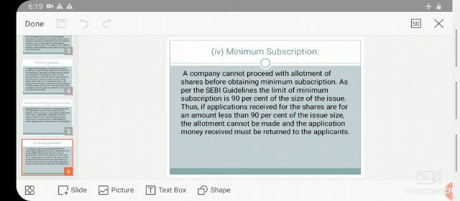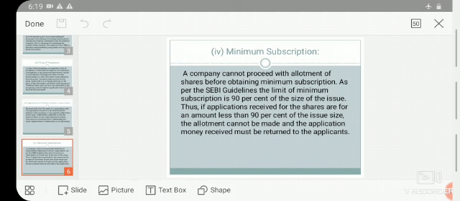Next comes the fourth step to be followed for subscription of capital, that is minimum subscription. In order to prevent companies from commencing business with inadequate resources, it has been provided that the company must receive applications for a certain minimum number of shares before going ahead with the allotment of shares.